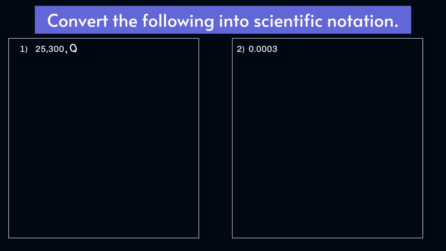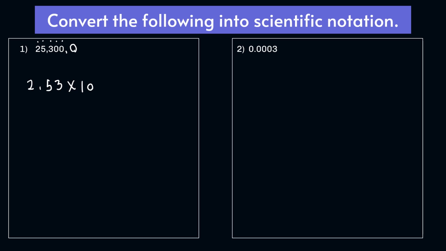So starting off here, I have 25,300. So that's going to end up being 2.53 times 10 raised to the... So let's count our numerals here. I have 1, 2, 3, 4, 5. So I have 5 numerals before the decimal. So subtract 1.